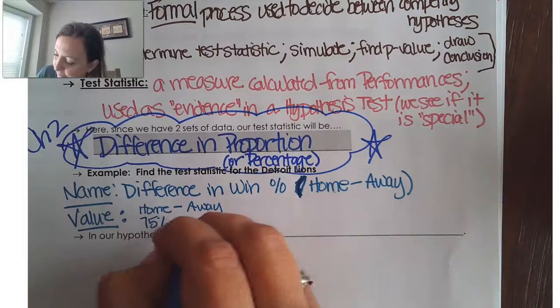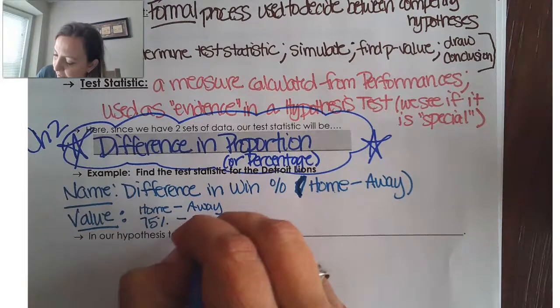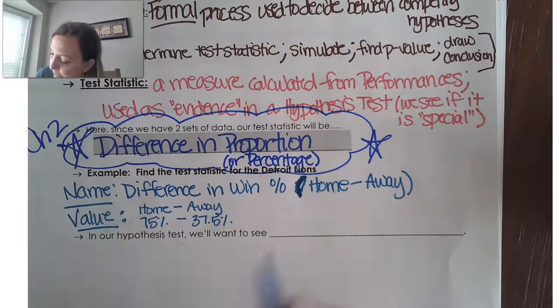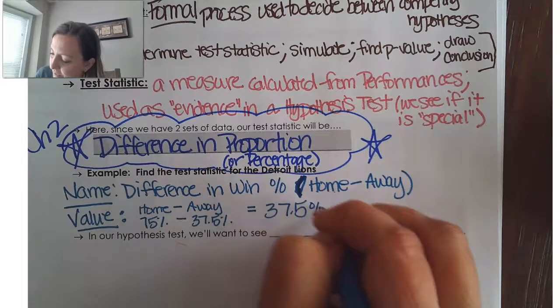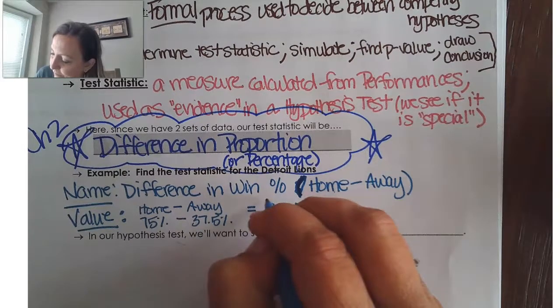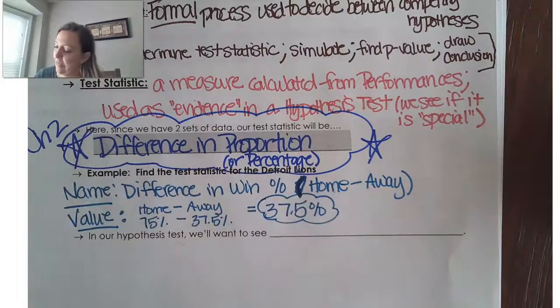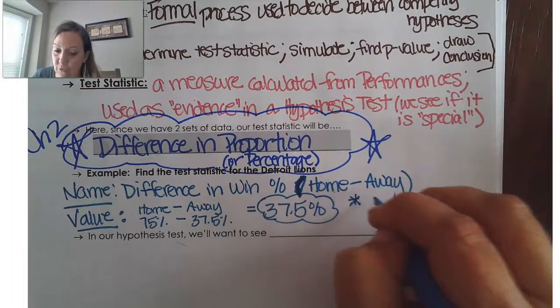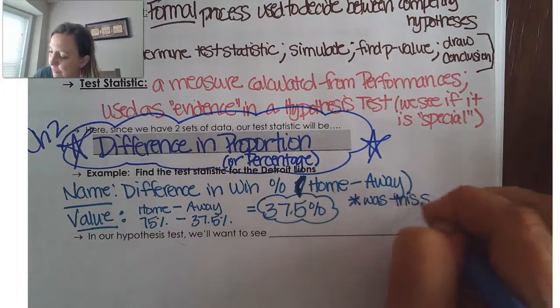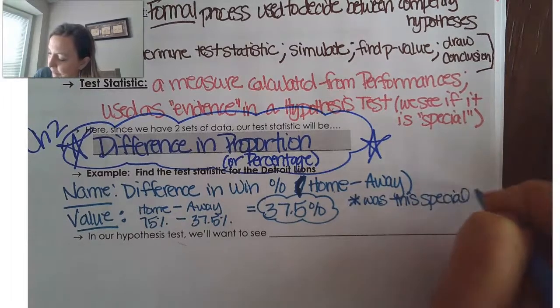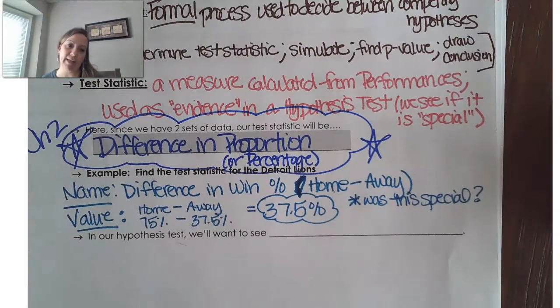So we'll take 75% minus 37.5%, and that gives us 37.5%. And what we would do is find out, was this performance special? That's what we would do in a hypothesis test, okay?